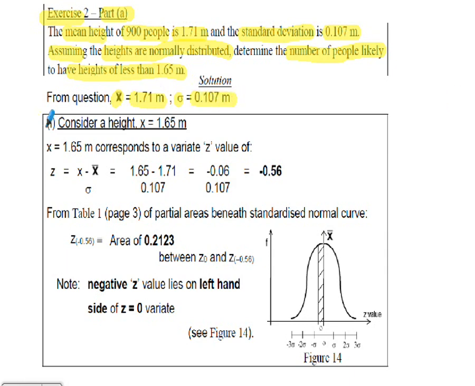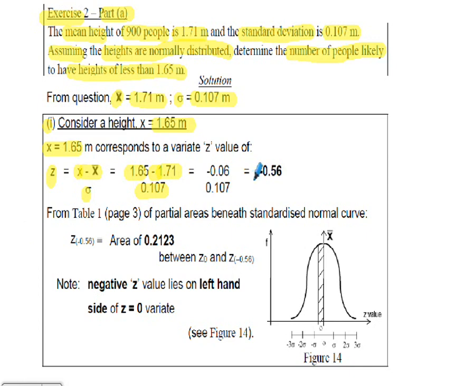So for part A, the first step is to consider the height of 1.65 meters. That's our x value in this case. So to find the variate, the z value, that's x, take away x bar over the standard deviation. So in this case it's 1.65, take away the 1.71, which is the x bar value, over the 0.107, which is the standard deviation.